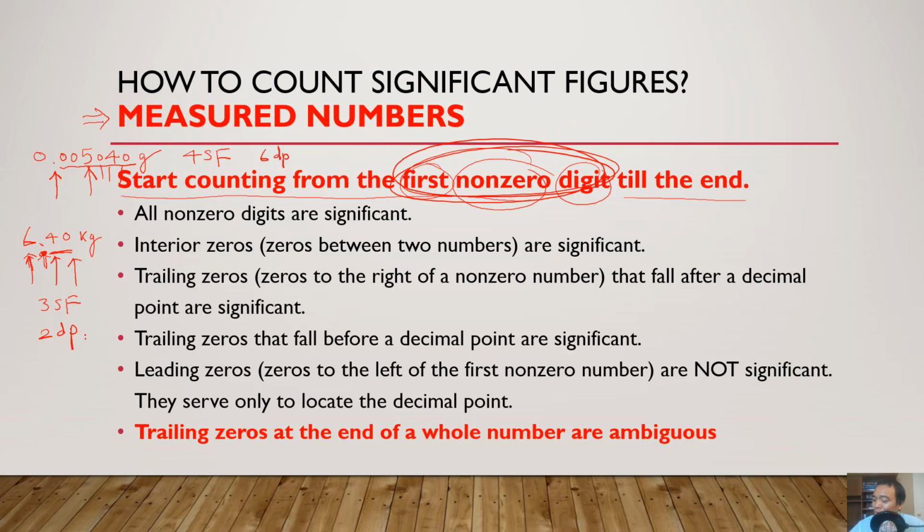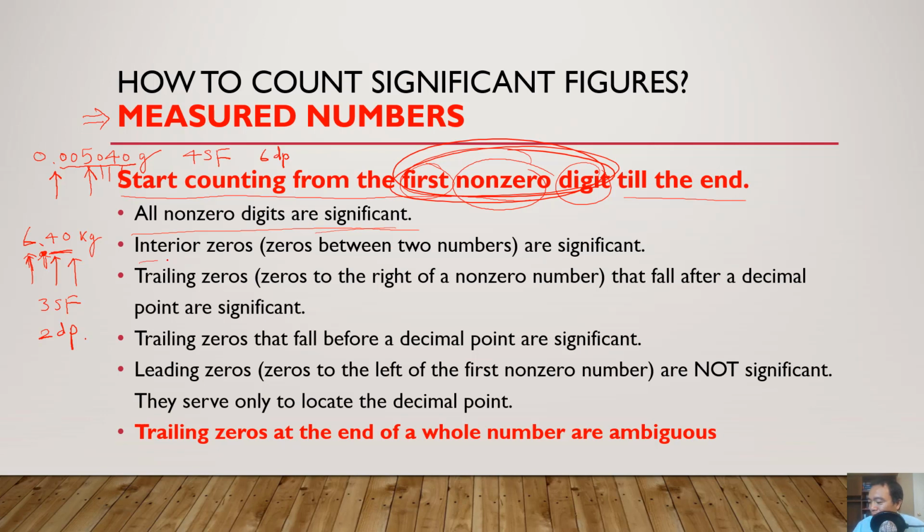So when you look at the rules listed at the top, it says start counting from the first non-zero until the end, right? It actually carries a lot of meaning if you want to break it down. For example, all non-zero digits are significant. When you look at the examples we just gave you, yes, they are all significant.